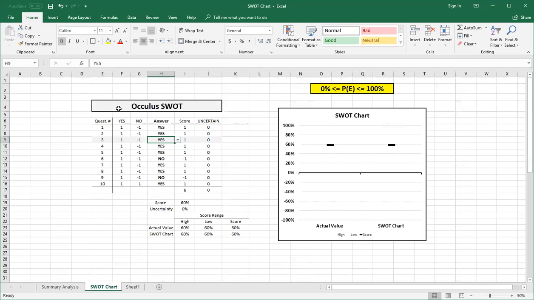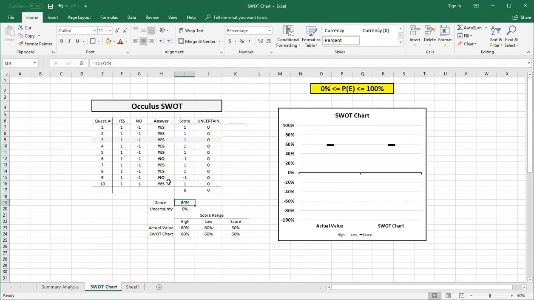Here we have 10 questions, questions 1 to 10. In this column, if you answer the question yes, you get 1 point. If you answer no, you get a negative point. Here's the answer column, and here's the score, added up at the bottom using a very simple Excel sum.